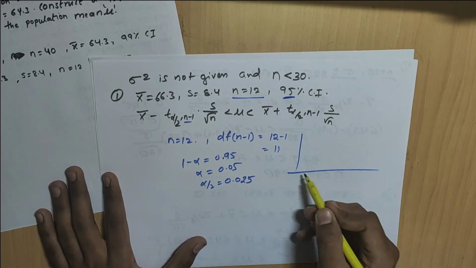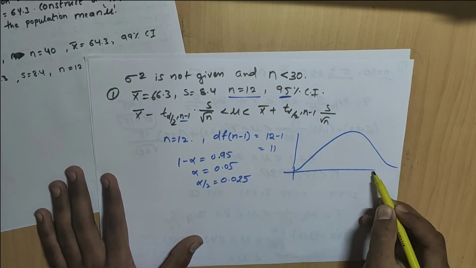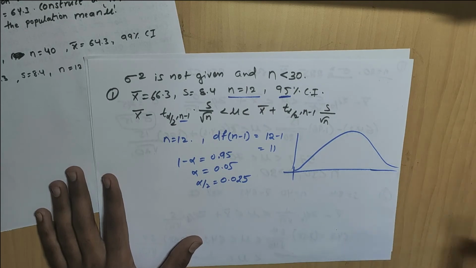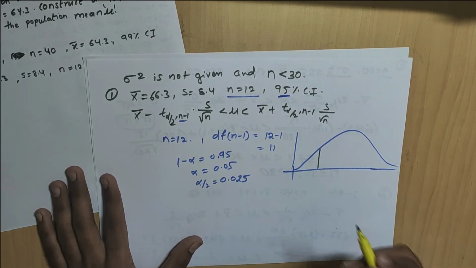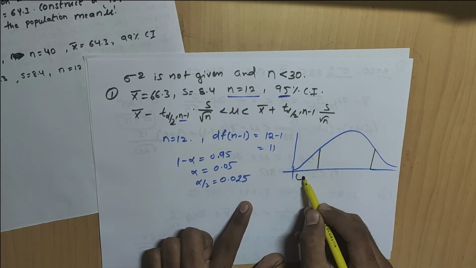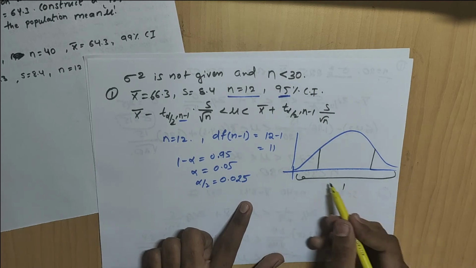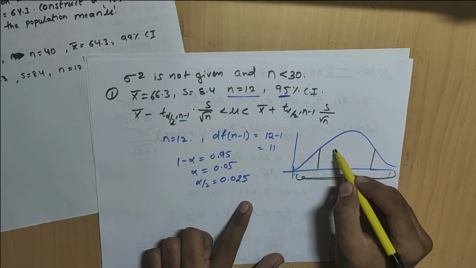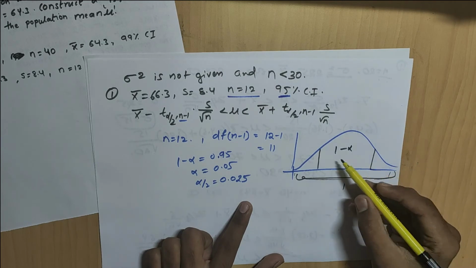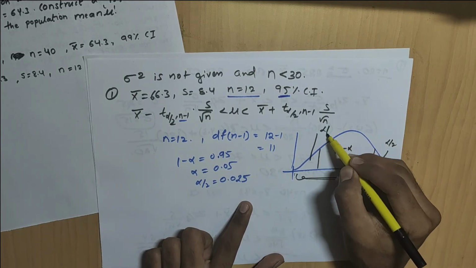I'm going to make a diagram, a graph like this. It's very easy. The full area is 1, and the middle part is 1 minus alpha. This is the alpha by 2, and this is the alpha by 2.